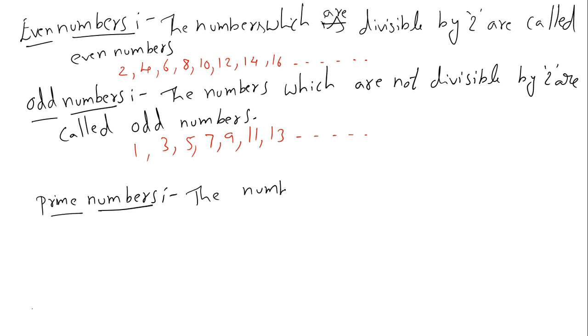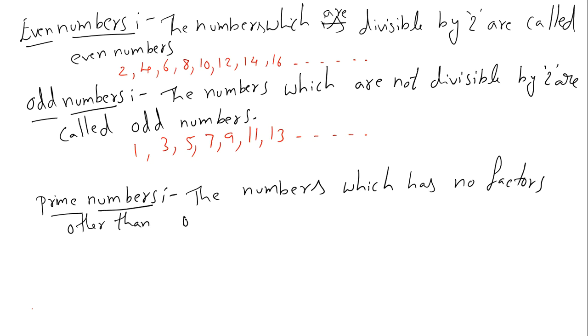The numbers which have no factors other than 1 and itself are called prime numbers.